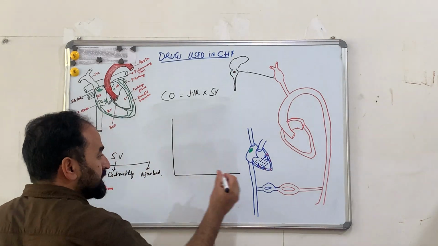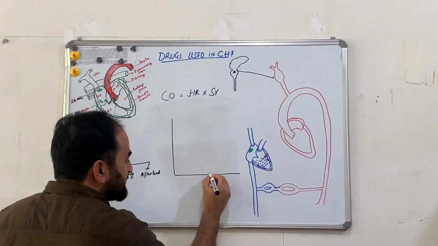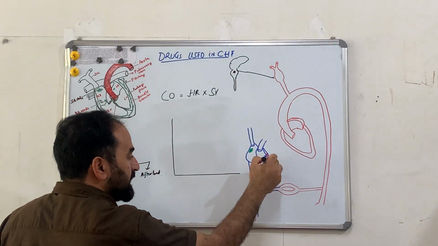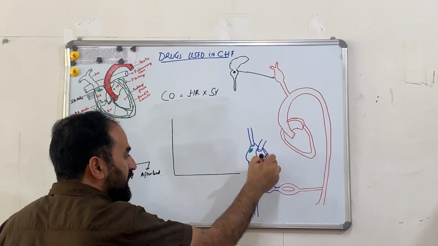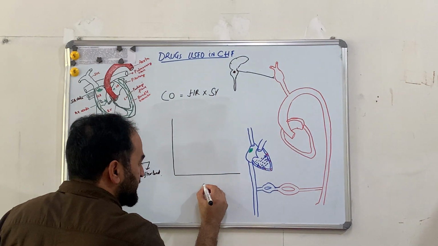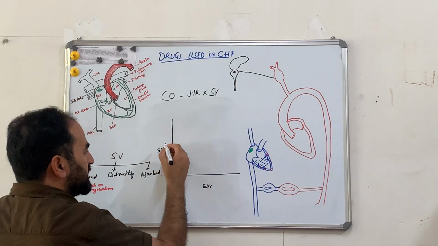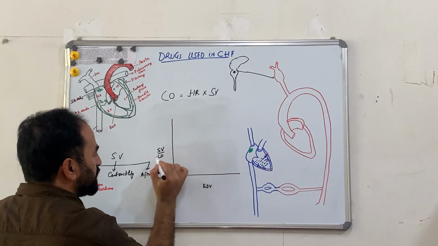Say for example, I'll make you understand very simply. In Starling Law, how much volume does your heart normally receive per beat? That is end diastolic volume versus stroke volume, or we can say versus cardiac output.